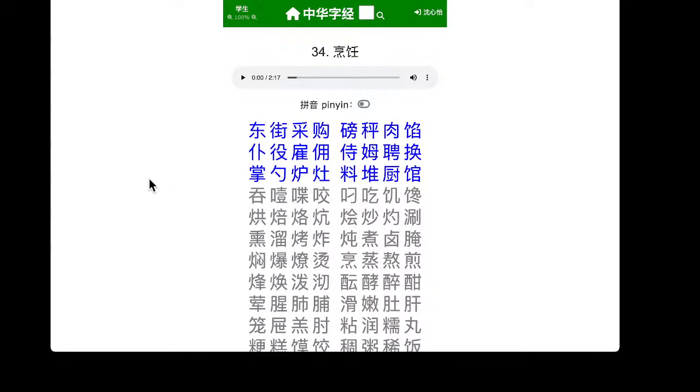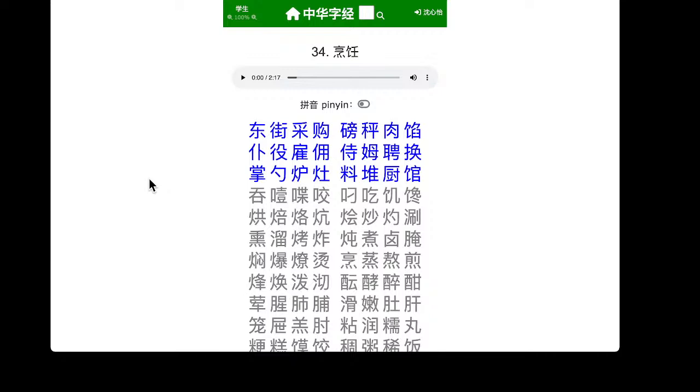料堆厨管. 料堆. So 料 basically means cooking materials. Okay, so all kinds of cooking materials, food like meat, like vegetables, fruits, and all kinds of spices and seasonings. And this is all 料. Okay, 厨料. 料堆, that means you have a bunch of them.